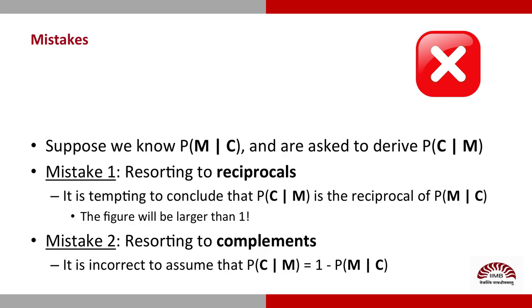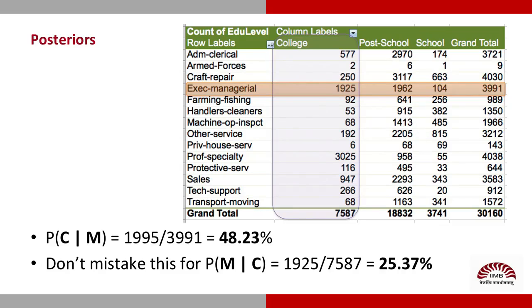Let me make another guess. How about 1 minus probability of M given C? It's tempting to answer that way, except it's not correct. We read off the managers row in the table for the probability. We get 1925 over 3991, which is 48.23% or approximately 1 in 2.